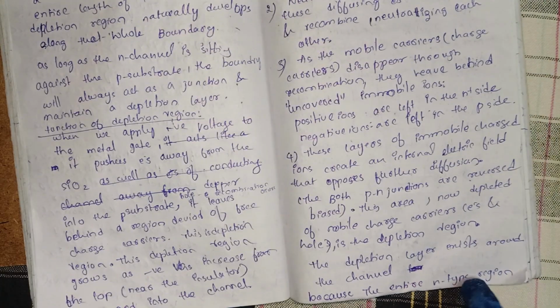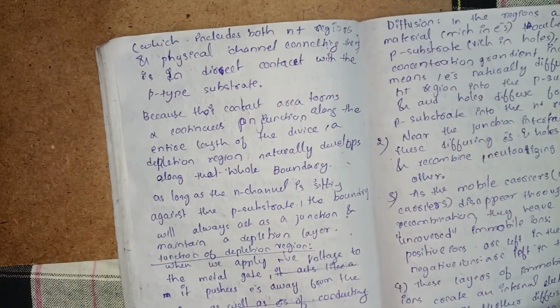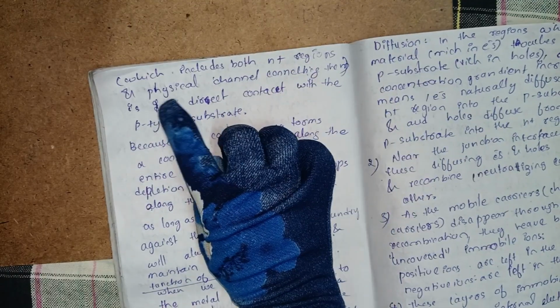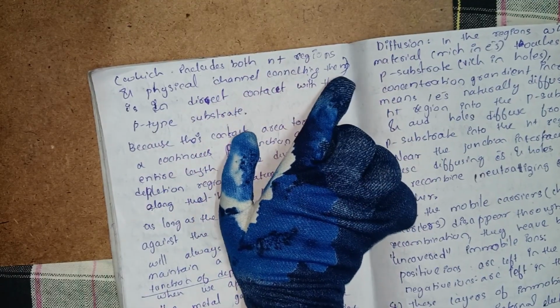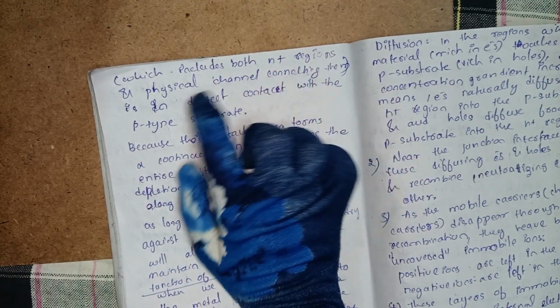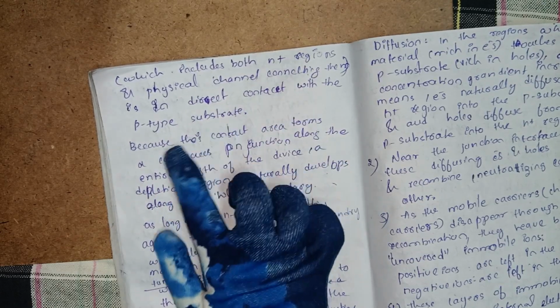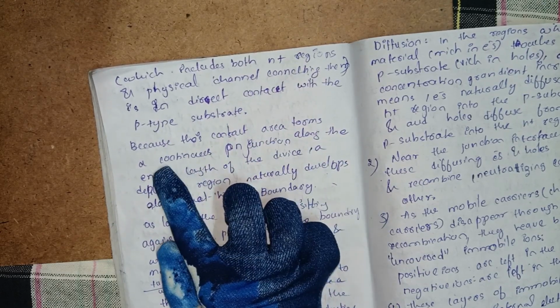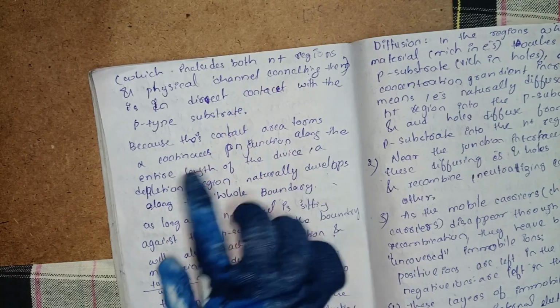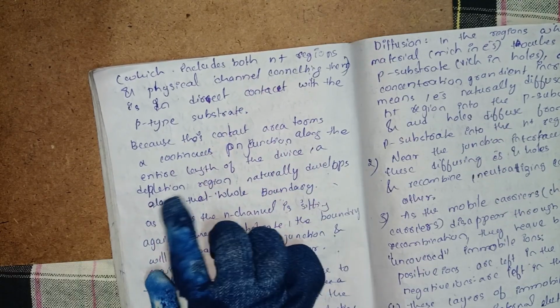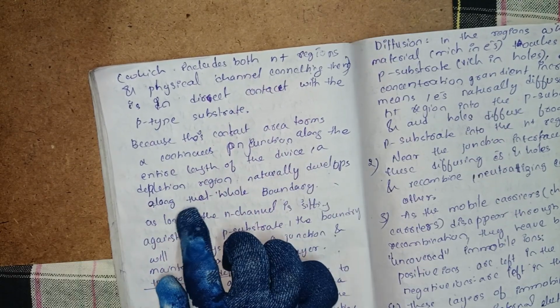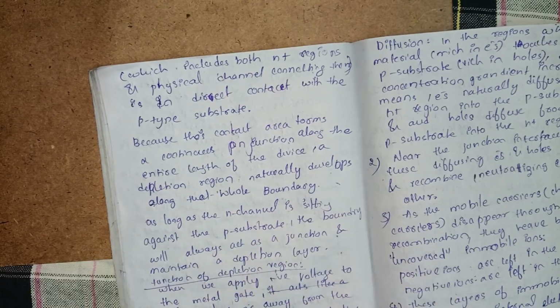Because the entire n type region, which includes the n plus regions and the physical channel connecting them, is in direct contact with the p substrate. Because this contact area forms a continuous p-n junction along the entire length of the device, a depletion region naturally develops along that whole boundary.